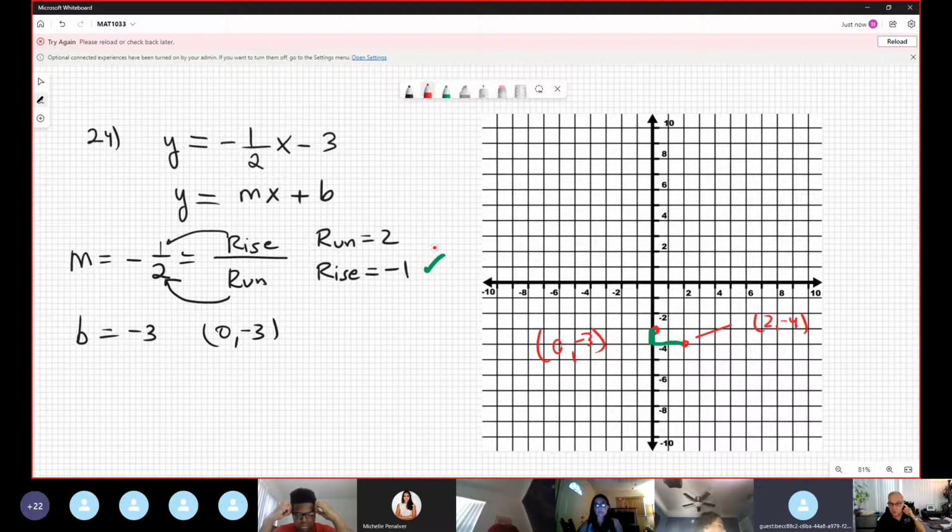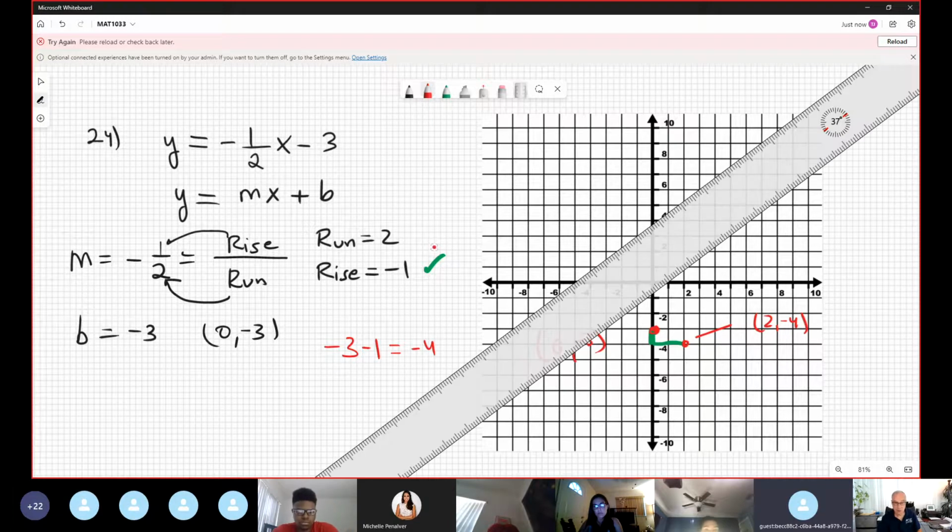Because we start at negative 3, but you're moving down 1 unit, therefore the second component is y decreasing. So negative 3 minus 1 is negative 4. Cool.